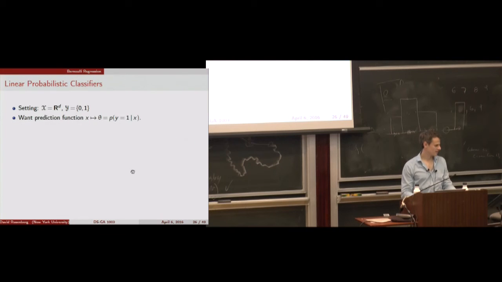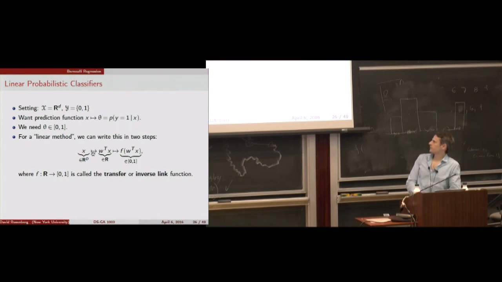Okay. So let's talk about linear probabilistic classifiers. Now I'll tell you where linear fits in. I want a prediction function that maps from x to theta, where theta represents the probability of the class 1. Theta obviously needs to be between 0 and 1 to be a probability. So here's what the linear method to do this would look like. We start with an x in R^d. Then we map it to w transpose x, some linear function of x.